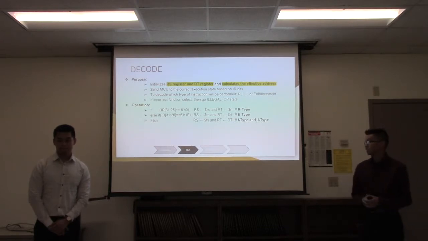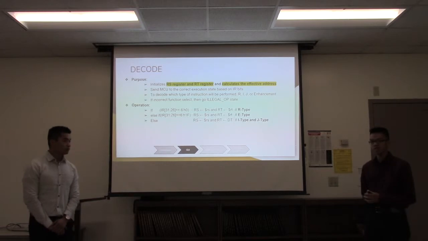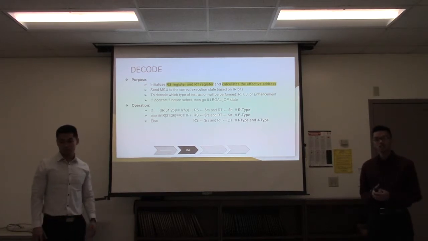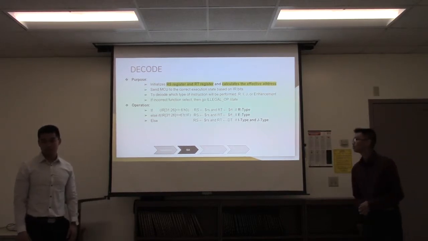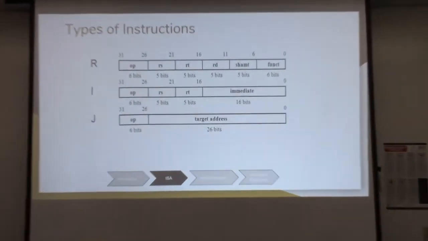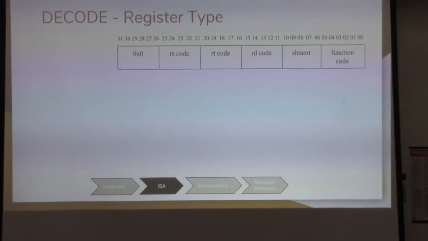As you've seen in the operation, if bits 31 to 26 are 0, it's going to go to an R type or register type. If it's 1F, it's going to go to the enhanced type, else it's decoded as either jump or immediate. These are the three binary formats from the baseline of the ISA, which I'll go into more depth on now.